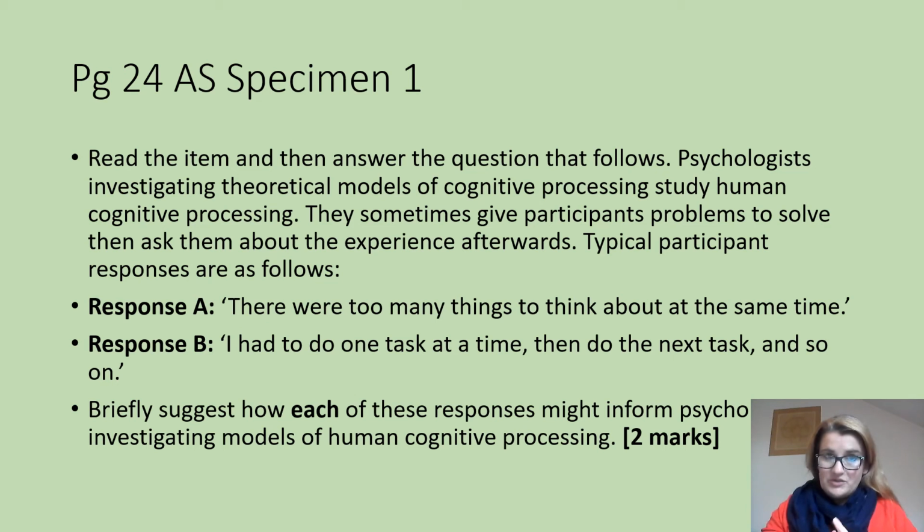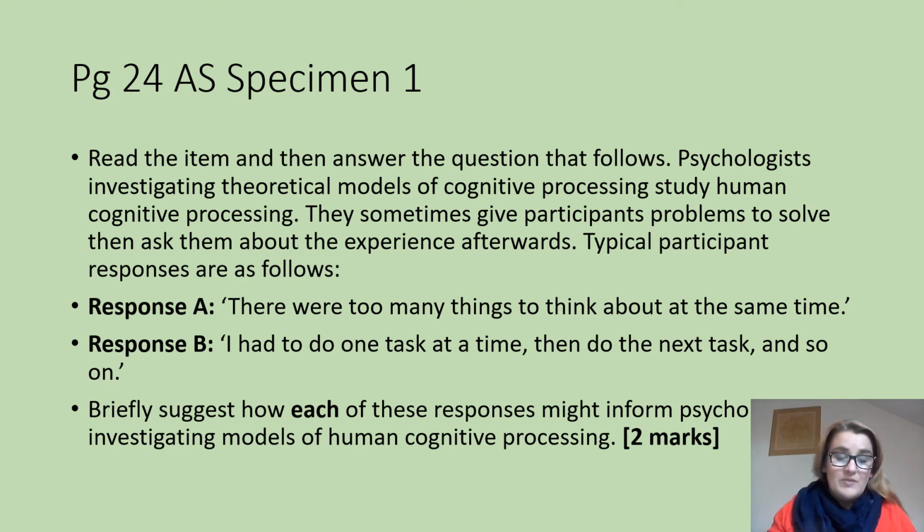Typical participant responses are as follows. Response A, there were too many things to think about at the same time. Response B, I had to do one task at a time, then do the next task, and so on. You've got to briefly suggest how each of these responses might inform psychologists investigating models of human cognitive processing.